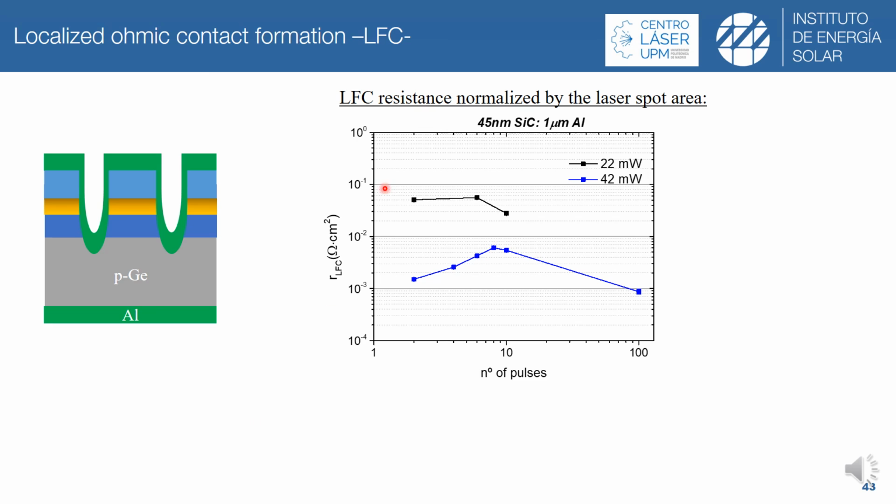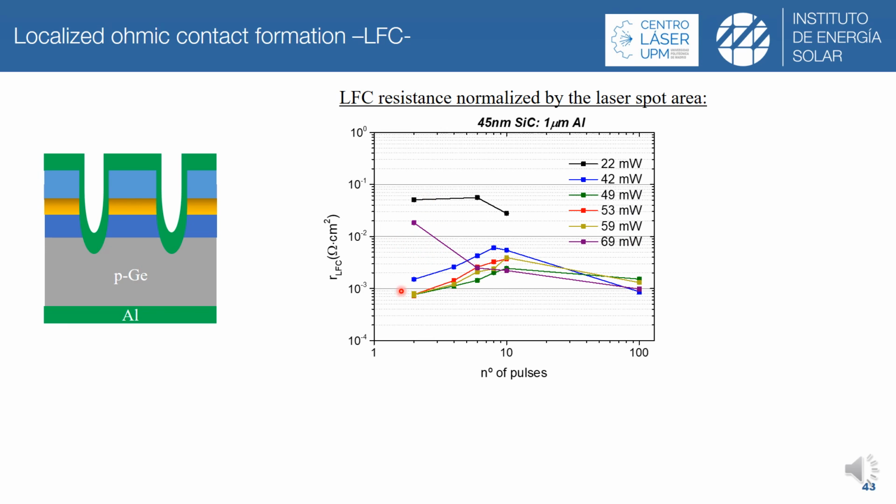So as you can see here, where the laser fired contact resistance is represented as a function of the number of pulses for different laser power conditions, the laser fired contact resistance is rather high in the case of the lowest laser power conditions, but it improves as the laser power is increased, until a certain laser power, above which the laser fired contact resistance starts increasing again.